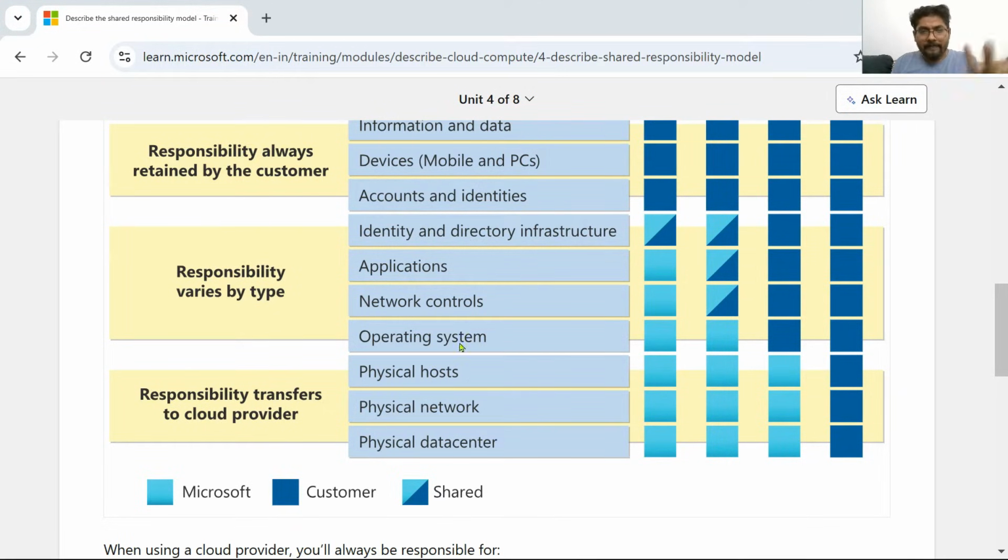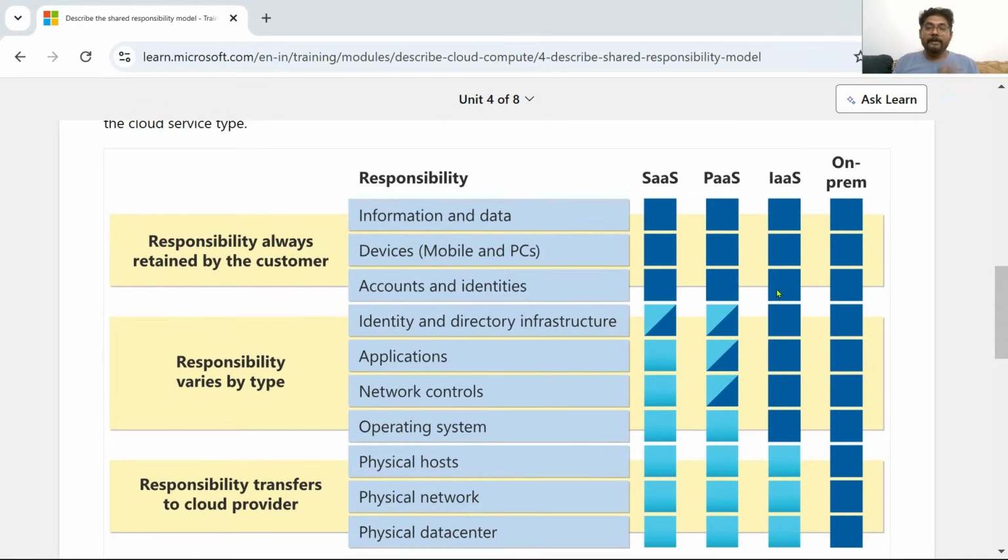Installing the operating system you have to do, network controls, installing the network card, setting up the network, domain setup, everything you have to do. Application installation you have to do, and almost everything you do as on-prem. But a cloud provider has three major services. These are the categories. One is called IaaS, meaning infrastructure as a service.